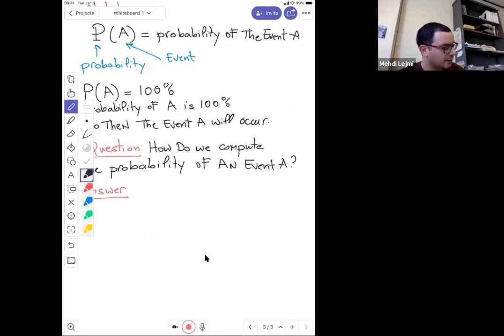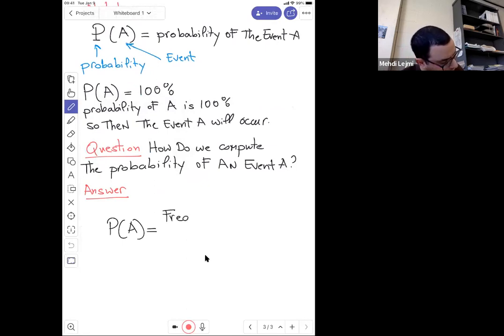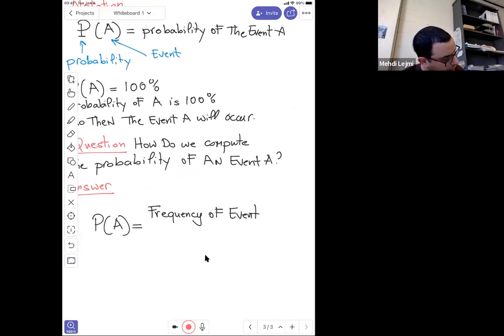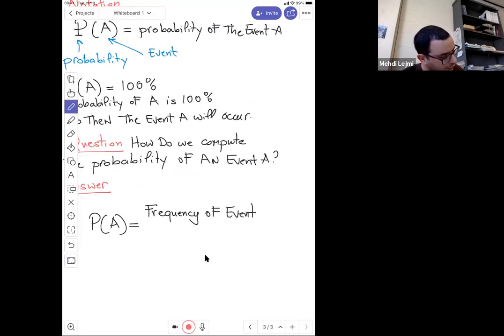So the probability of A is equal to the frequency of the event occurrence over the total size of the sample. Remember, the relative frequency, guys, was the frequency divided by the size of the sample.